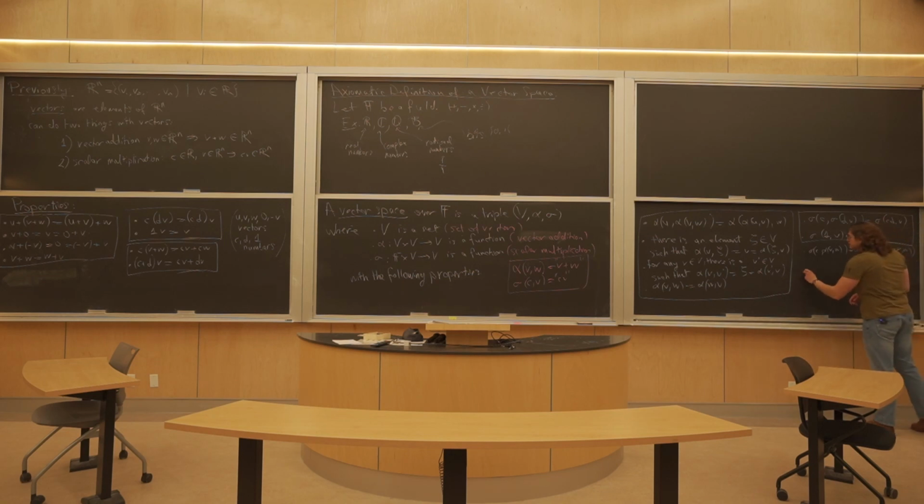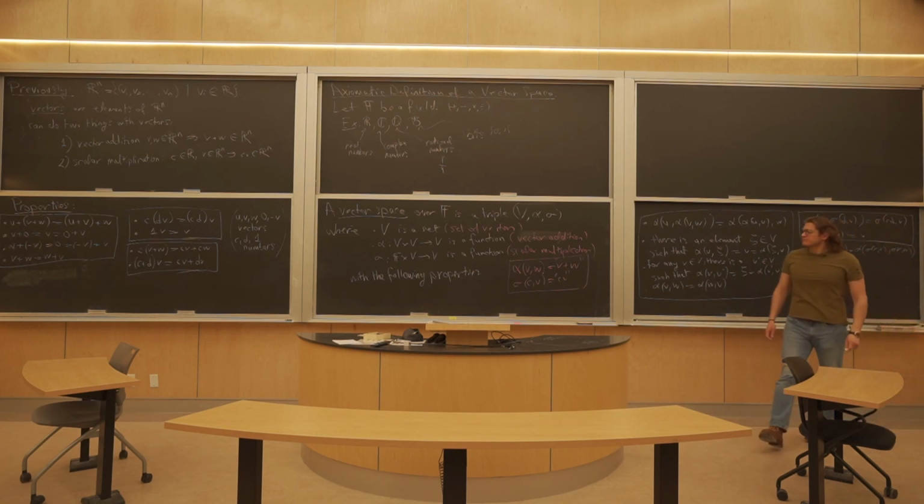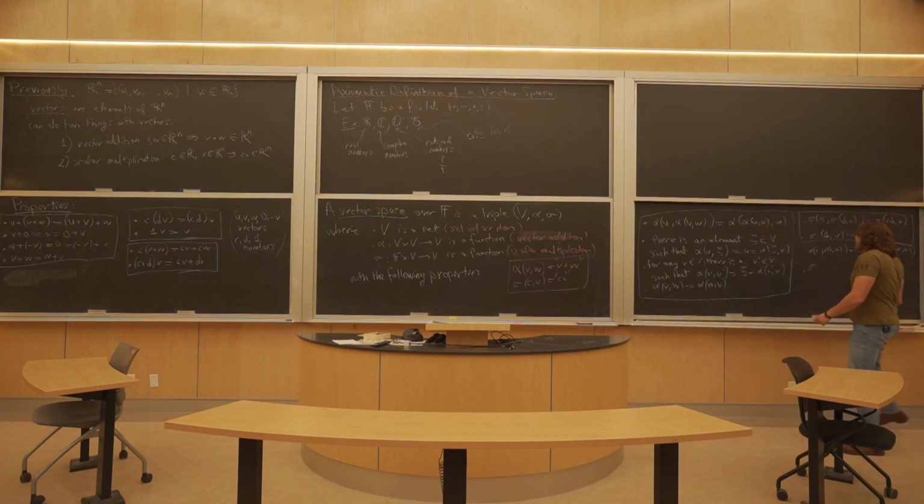And then finally, if I first add inside this field, whatever that means in my field, and then scale, it should be the same thing as this: alpha of sigma C, V, comma, sigma D, V.